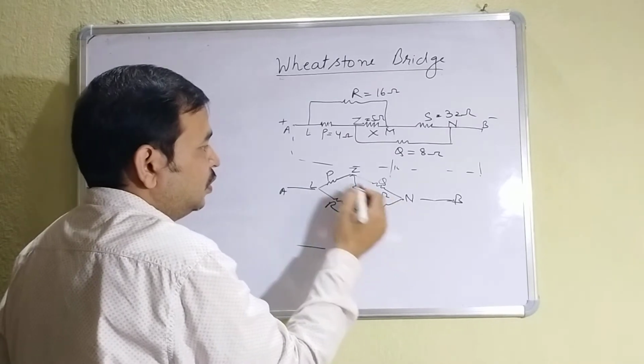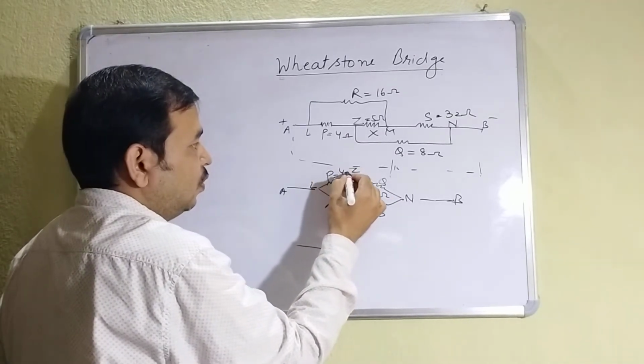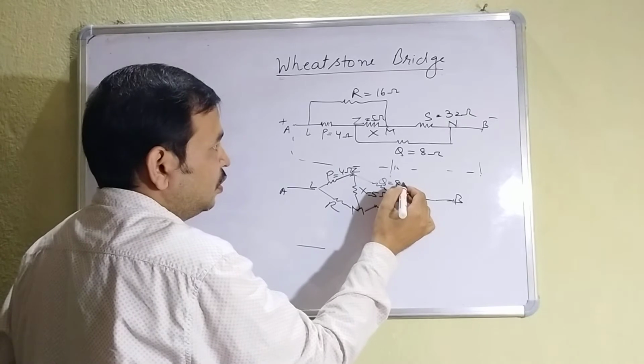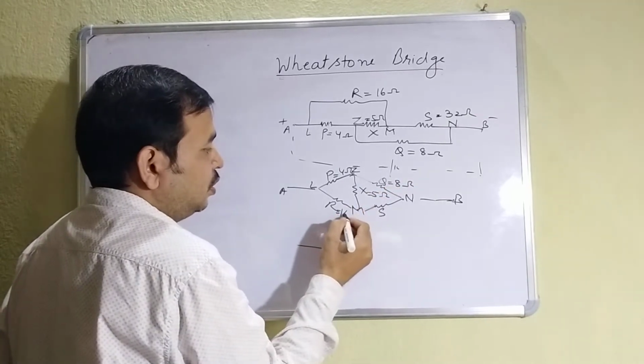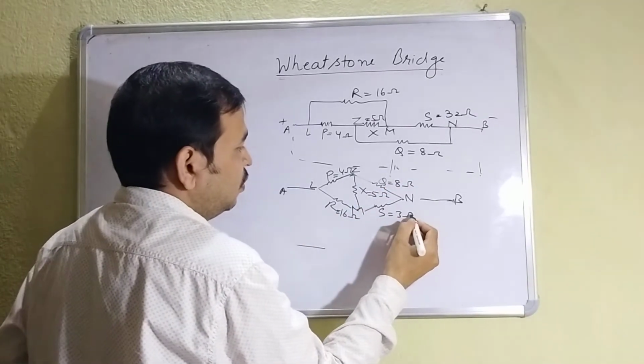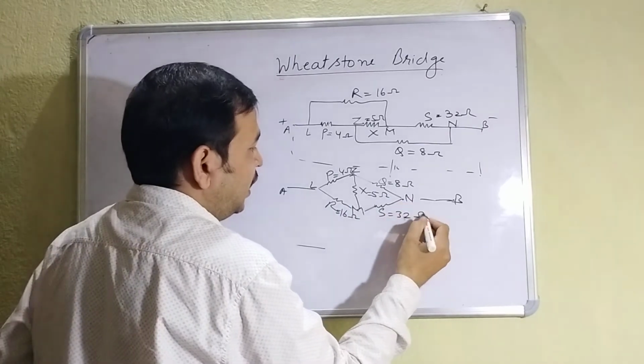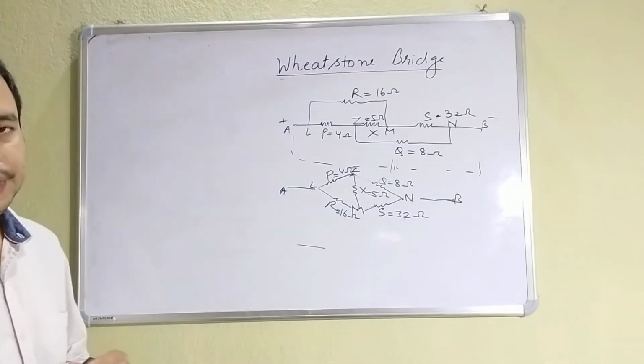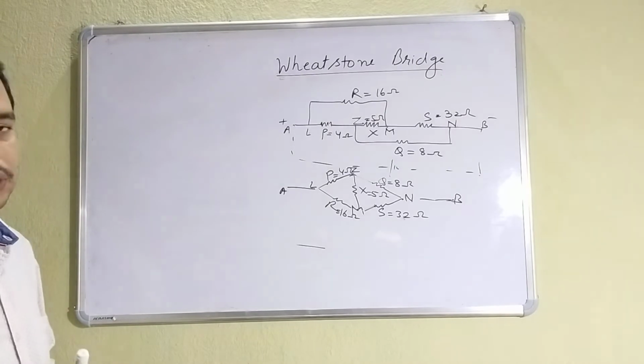So this is 5 ohm, and this is 4, 8, 16, 32. Now, if in the question it is asked, find the equivalent resistance and find the current through each resistor.